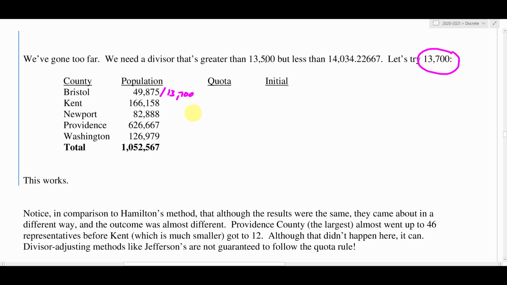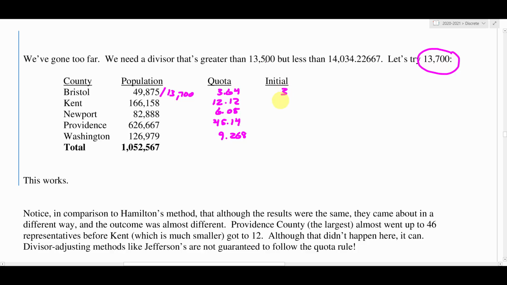And when I go through and I divide by this new divisor, we get 3.64. We get 12.12. We get 6.05, 45.10, and 9.268.